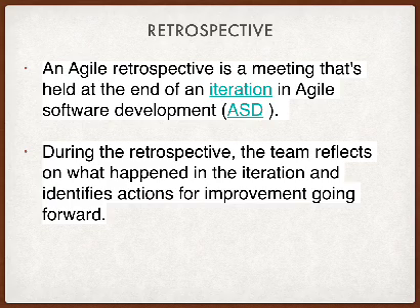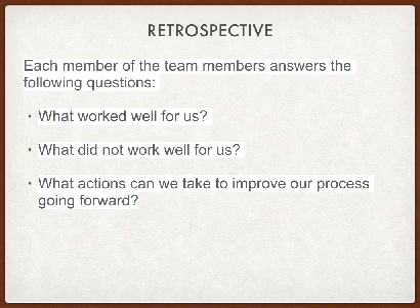And during the retrospective, it helps in reflection, and each of the team members answers the following questions: what worked well for us, what did not work well for us, what actions can we take to improve our process going forward. So this is how a retrospective is conducted.